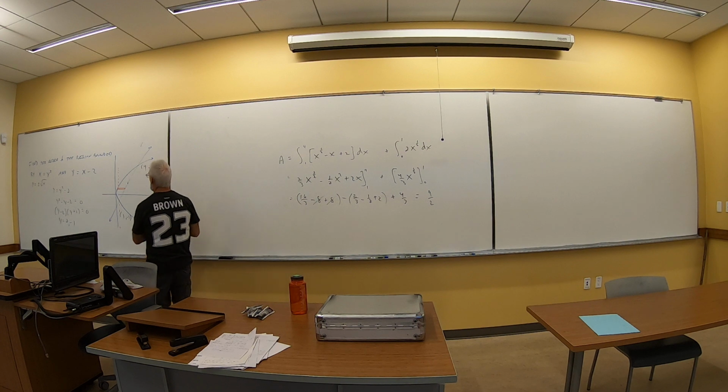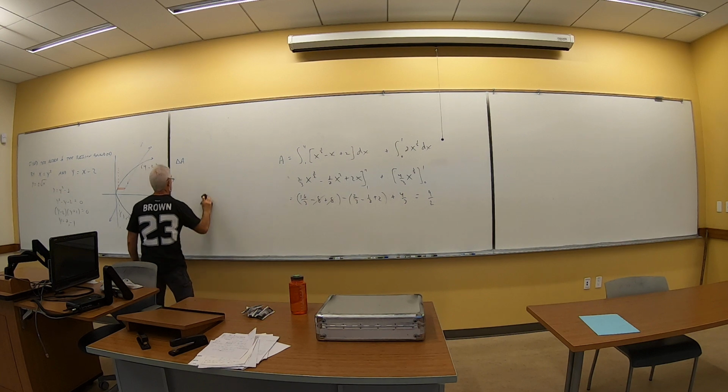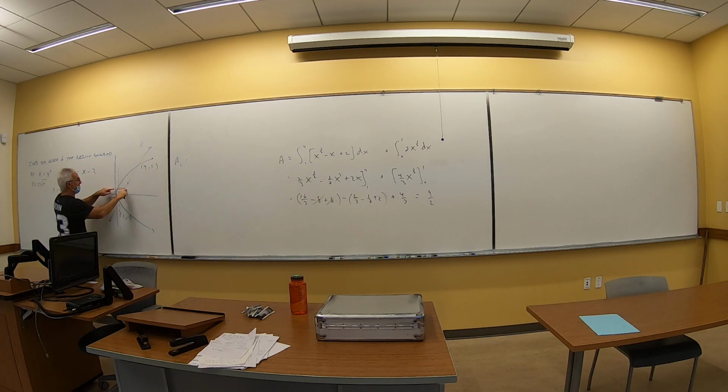So, what if I had done it the other way? Now my ith area will be this, which will be, oh, now I'm going to need to rewrite the x, aren't I? So x is going to equal y plus 2.